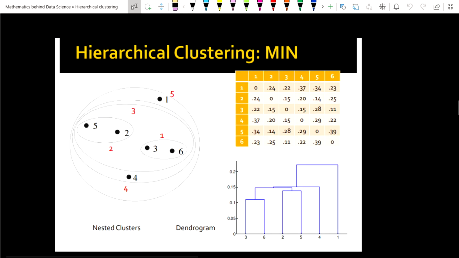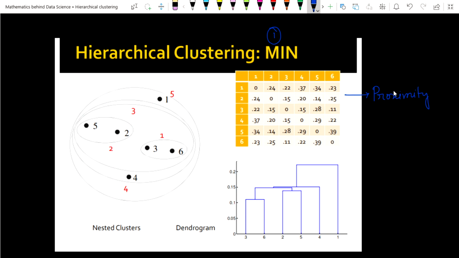The first technique that we have already discussed is the mean method. Let's see its strengths and its limitations. The matrix you see here is the proximity matrix.